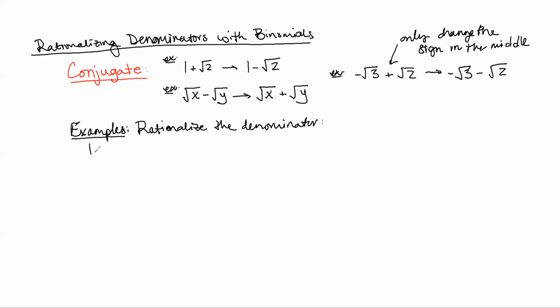So number 1, we're given negative 4 over the square root of 5 plus 2. For this one, first of all, notice that we have a radical in the denominator. We don't want that. But we also have addition in the denominator, which we didn't see before. So we're going to go ahead and multiply by the conjugate.